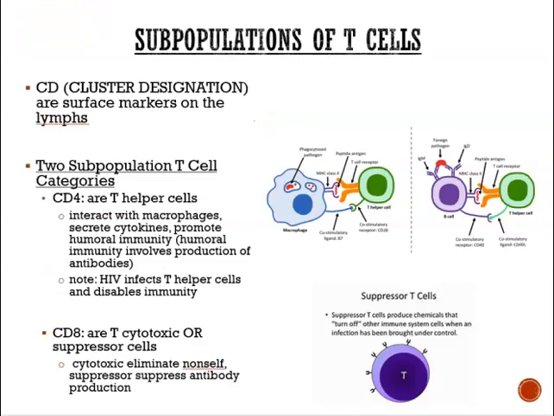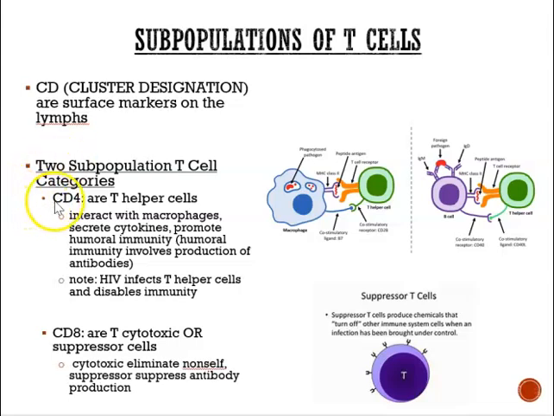Now let's talk about a couple of subpopulations of our T cells. First off, to understand these subpopulations, we need to understand what CD is representing. CD is a cluster designation, which is just surface markers on the lymphs themselves.